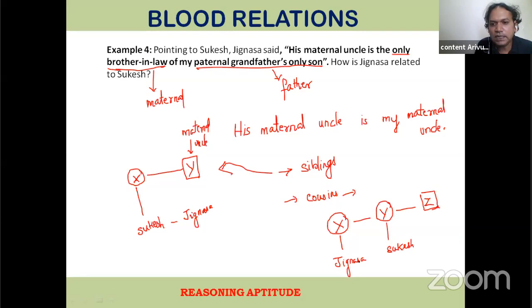But for both Jignasa and Sukesh, the maternal uncle is the same. Your mother has a sister, and your mother's sister has one brother. That one brother is the common maternal uncle for you as well as your cousins. So that is why the second case could be cousins. So both are possible. If cousin is not in the answer options, then you can mark the answer as sister.